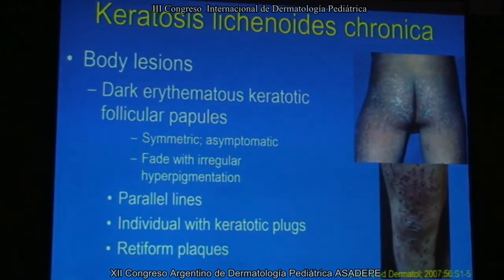The body lesions develop a little later and present as these very striking, dark to erythematous keratotic follicular papules. Several different distributions are reported, but very often there is this tendency for the lesions to array themselves in parallel lines.